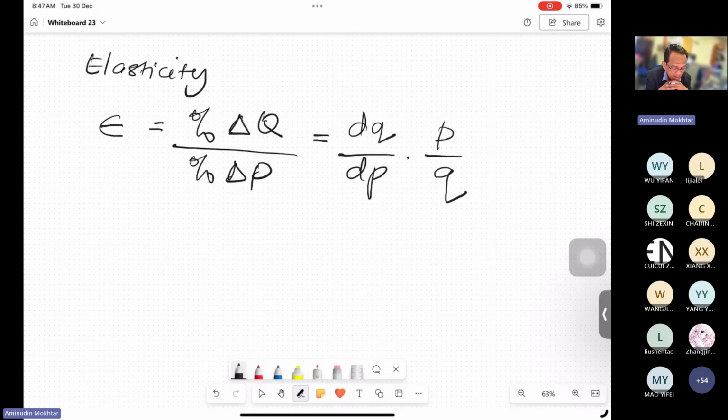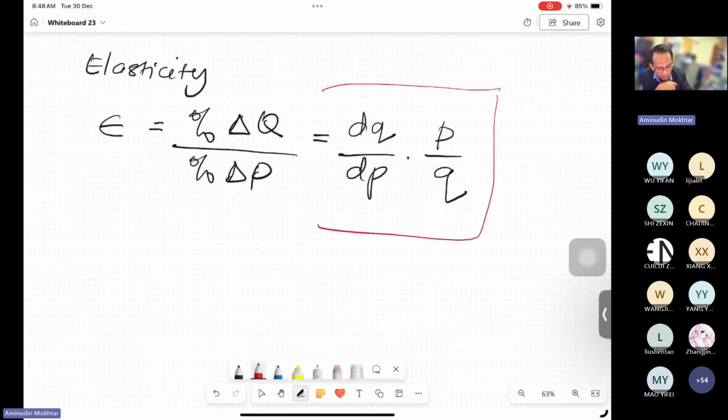In this class, you need to remember this formula. This is the formula we are going to use when we want to measure the elasticity. You must apply the derivative in this case.